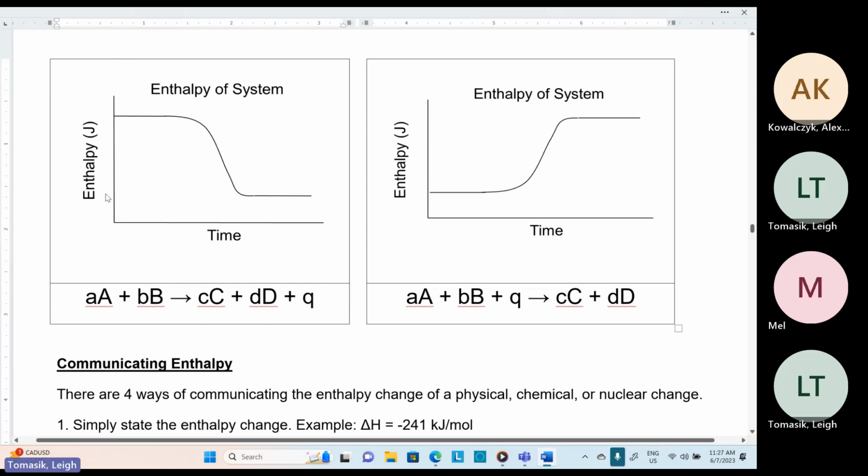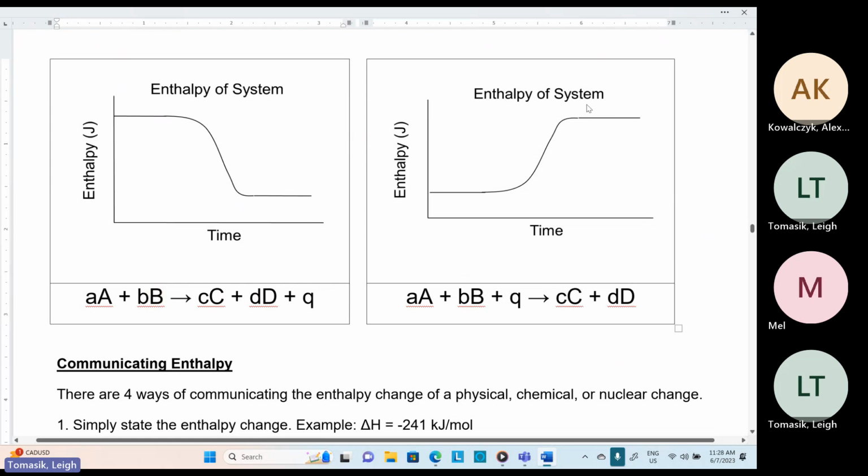So we can see here we have an exothermic system. We start off with reactants that are high energy. We end with products that are lower energy. And this line represents the energy decreasing, so it's going out of the chemicals that we're looking at. So you can see it in a graph and you can see it in an equation.